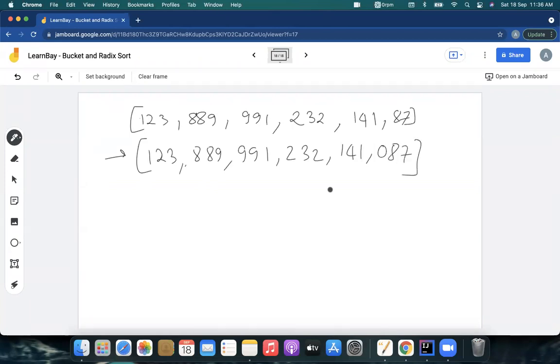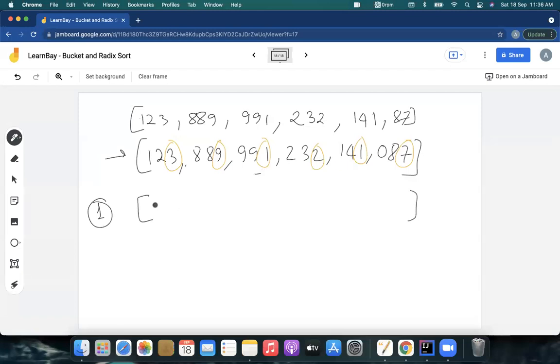And now what do we do? Now you can start writing the answer. In the first step, we sort with respect to the 0th least significant digit, which is the least significant digit. So what will be the answer of the first step? If you have understood, you can write it. The last digits are 3, 9, 1, 2, 1, 1, 7.